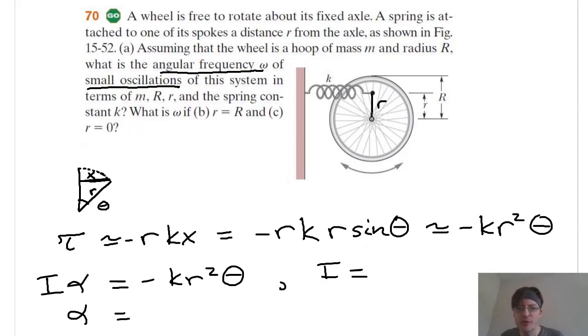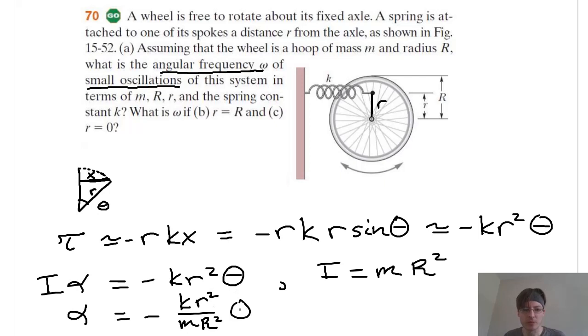Since all the mass of the wheel is at the same radius, capital R, from the center, the inertia of it is just m R squared. So when I plug that in for the inertia and solve for alpha, I get minus k, little r squared over m, big R squared, times theta.